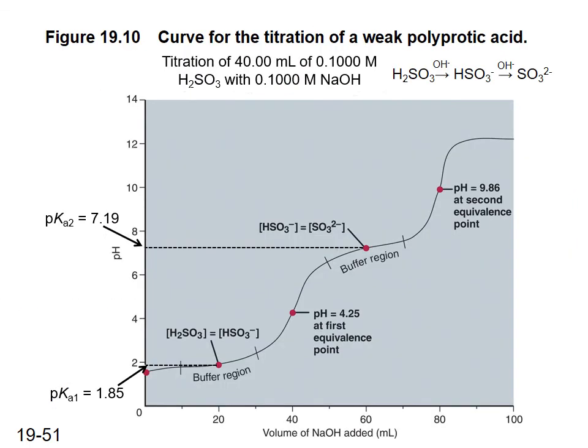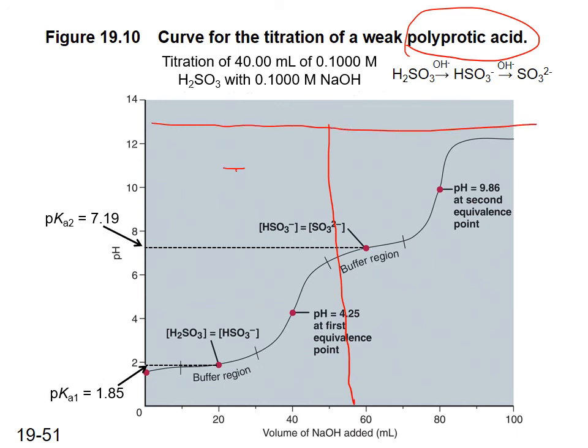Here is a curve for the titration of a weak polyprotic acid. This titration curve looks like a combination of two titration curves, so let's separate it into two of them. The left side is one titration curve, and the right side is another one. This is for sulfurous acid, which contains two hydrogens to react with hydroxide.